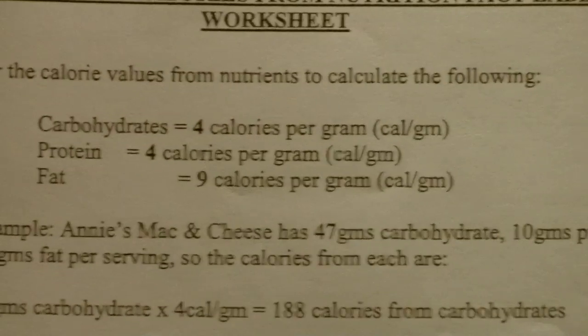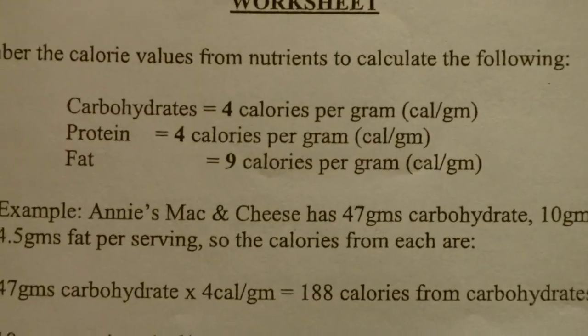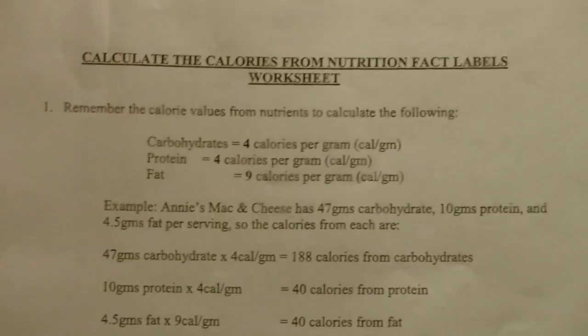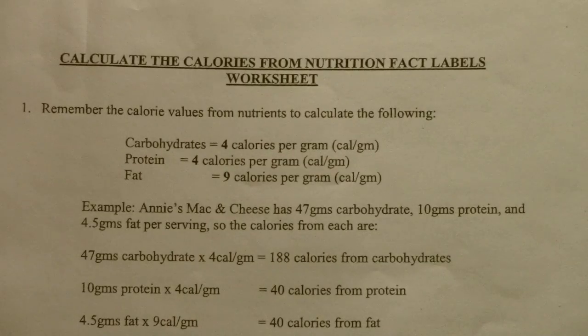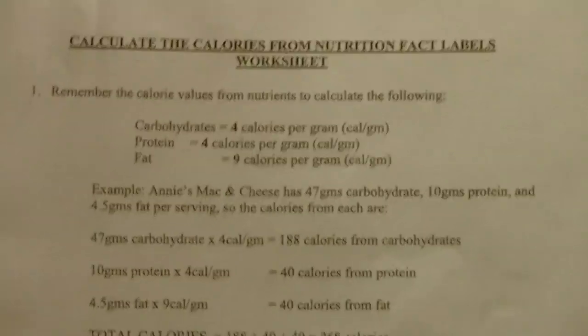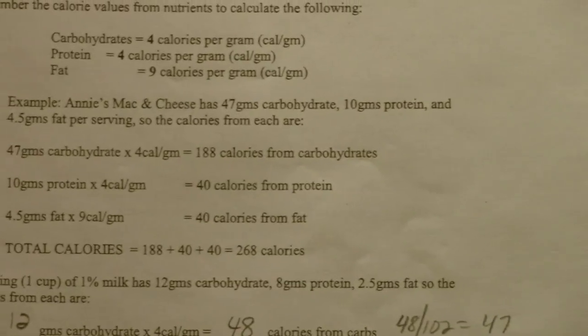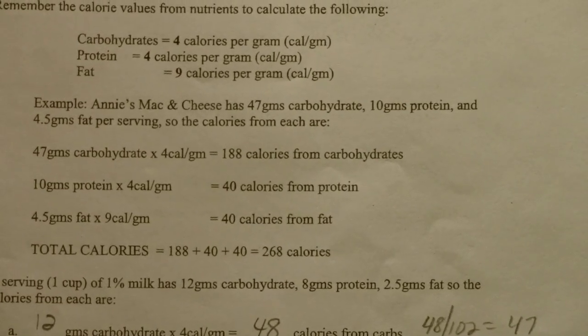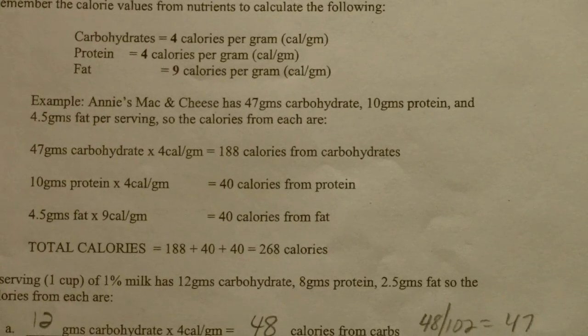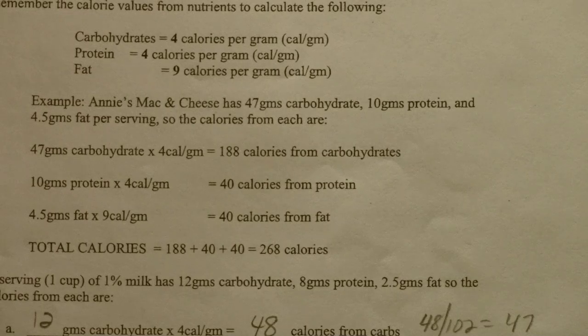I have an example of Annie's mac and cheese. Widen that just a little bit so you can see. I took an Annie's mac and cheese label that has 47 grams of carbohydrate, 10 grams of protein, 4.5 grams of fat per serving. Putting these into our equation, 47 grams of carbohydrate times 4 calories per gram is 188 calories from carbohydrates.